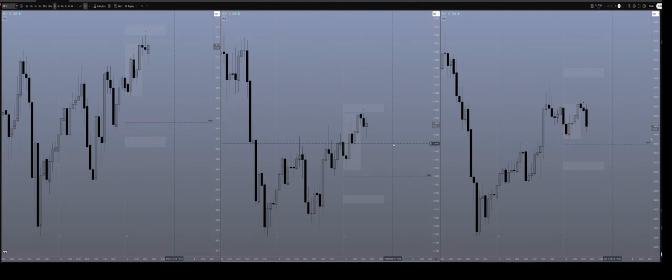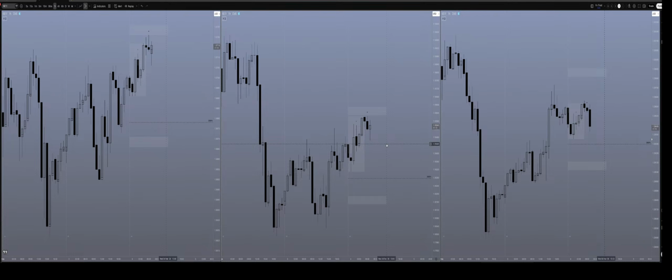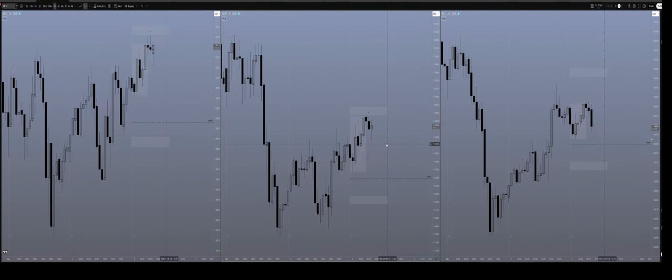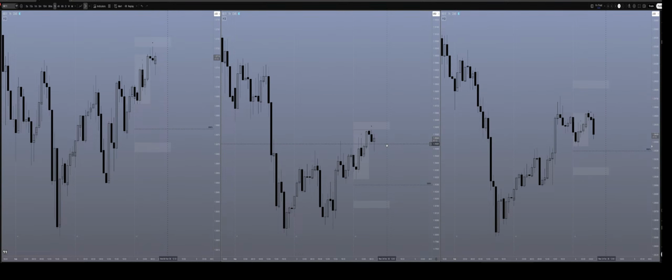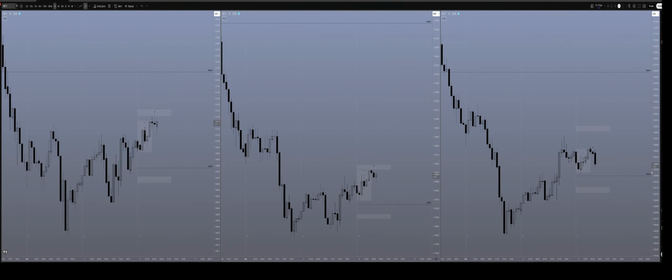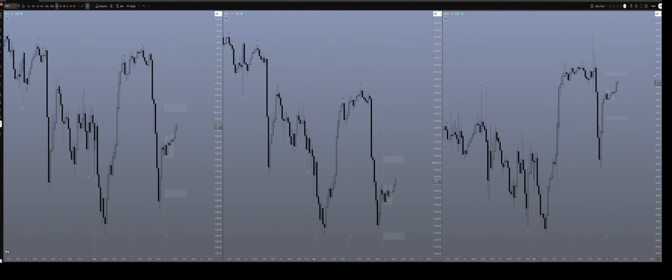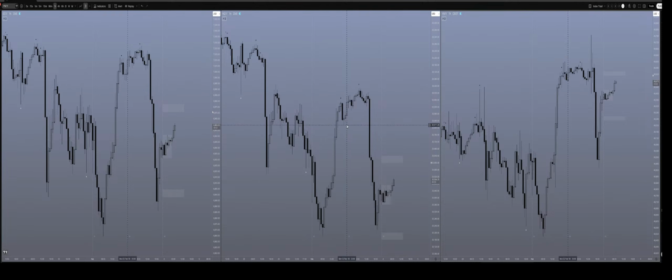Just mark out. On the index chart, we've had a large range yesterday.